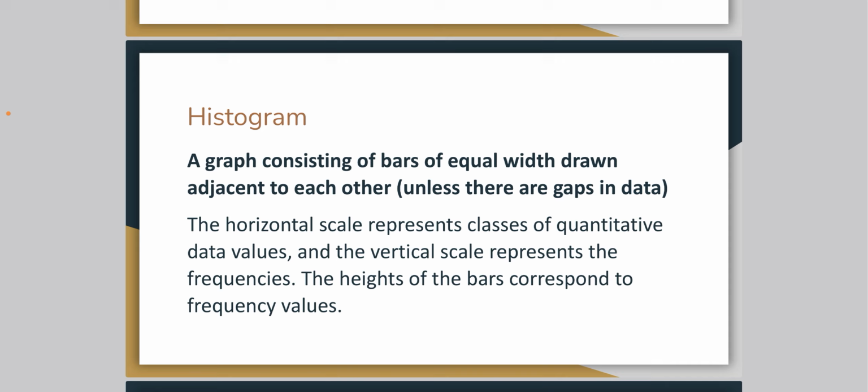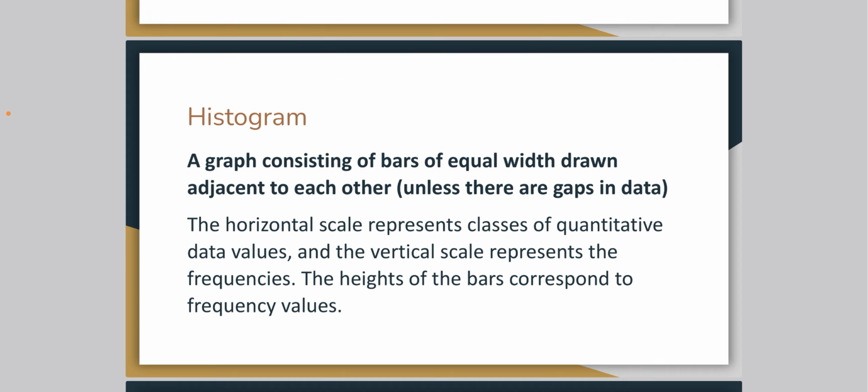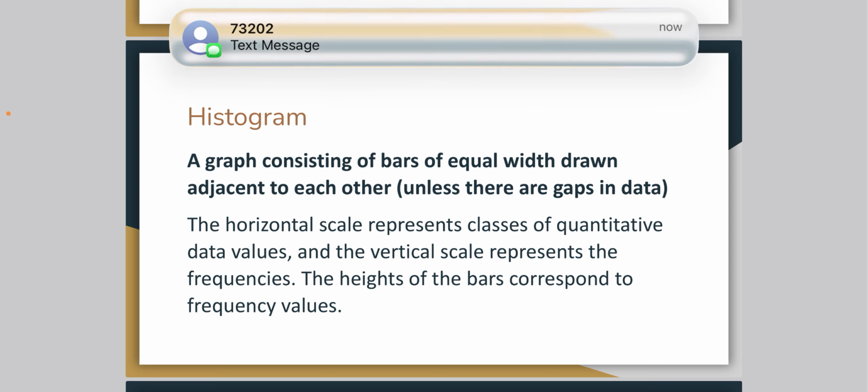We talked about gaps the other day, and remember, there are only gaps if there is a zero frequency. The horizontal scale represents the classes of quantitative data values, and the vertical scale represents the frequencies. The height of the bars corresponds to the frequency value.